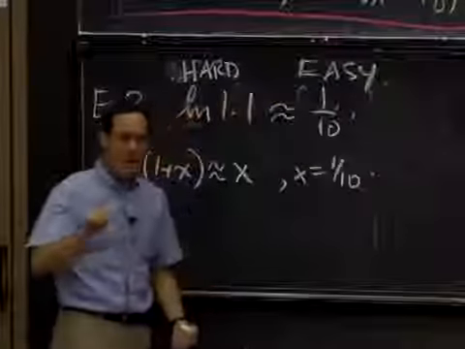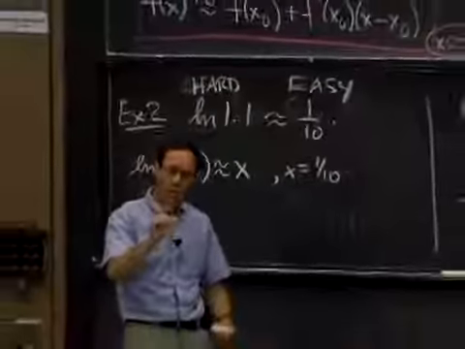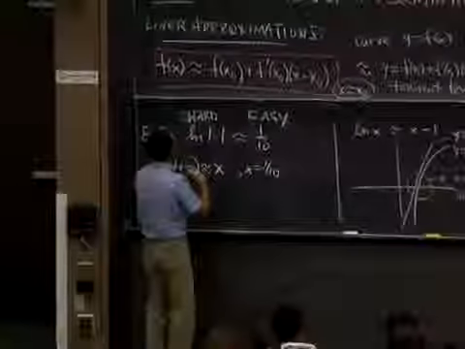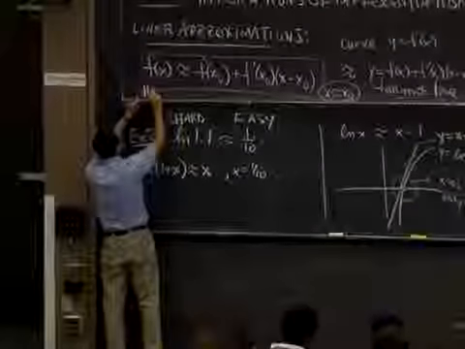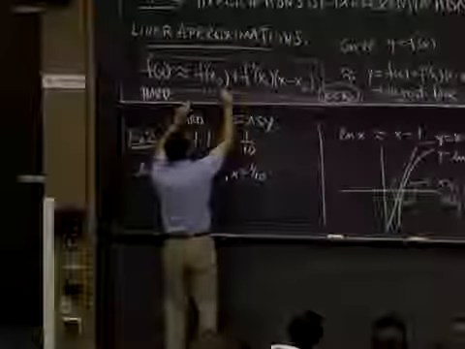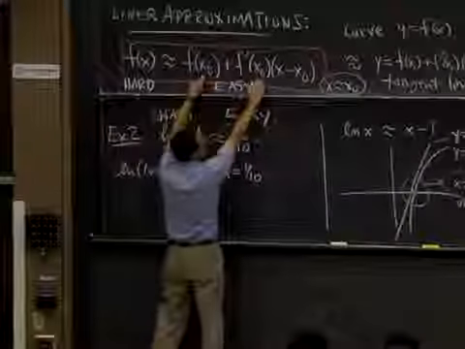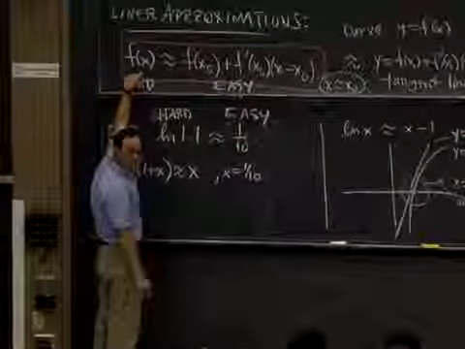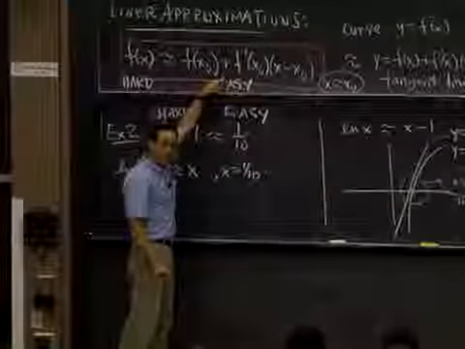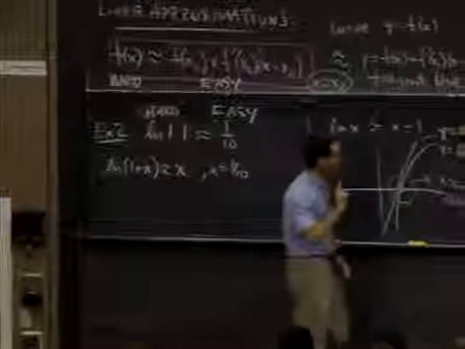That may look contradictory, but I want to do it right above as well. This is hard, and this is easy. This looks uglier, but actually this is the hard one. And this is giving us information about it. Now, let me show you why that's true.